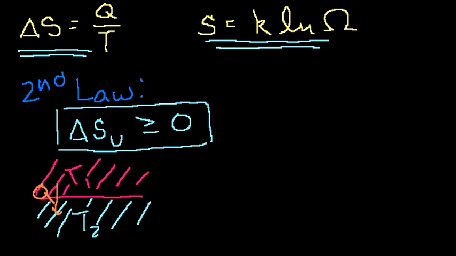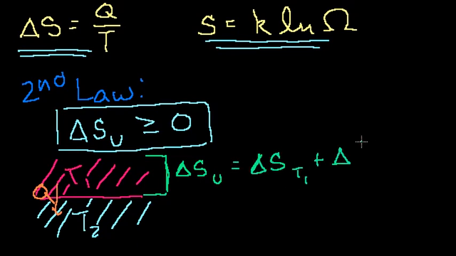So what's the net change in entropy for T1? The second law of thermodynamics says that the change in entropy for the universe is greater than 0, but in this case that's equal to the change in entropy for system 1, that's this hot system up here, plus the change in entropy for system 2. So what's the change in entropy for system 1?